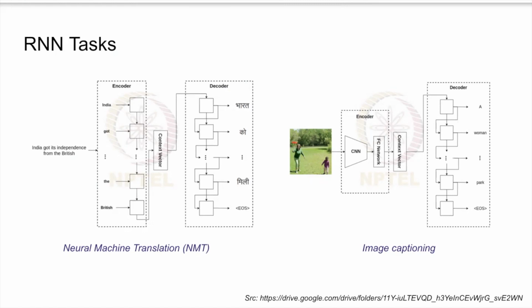Similarly, consider another task, image captioning. In image captioning, you have an image, and the task is to put a caption on it. The image on the left is first encoded to a context vector.